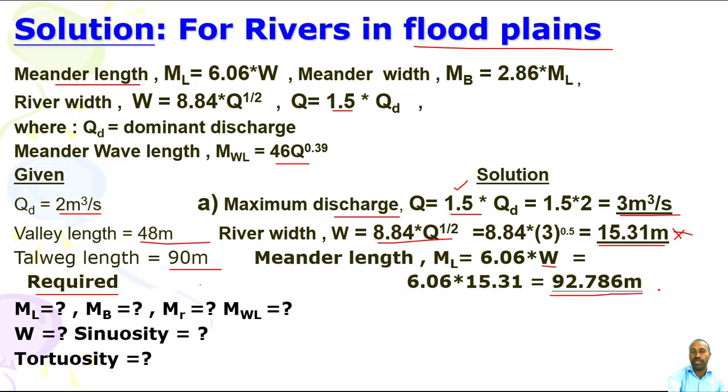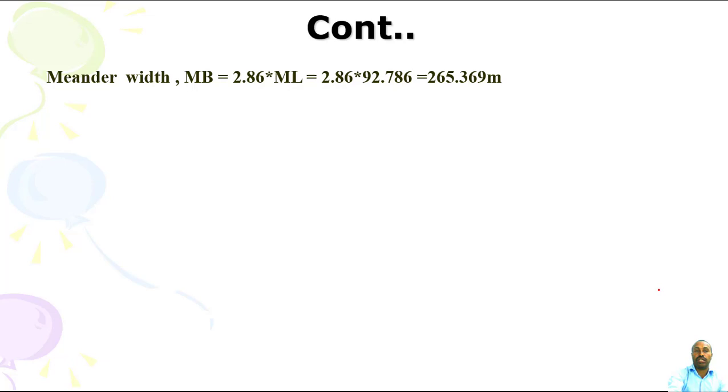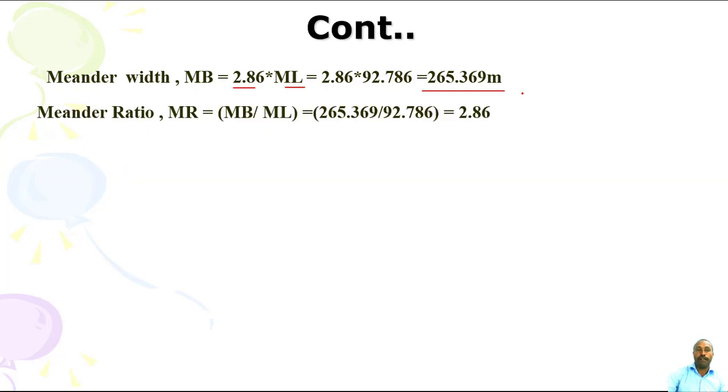This is the meander length. Now the meander width is 2.86 times the meander length. Substituting, the meander width is 265.369 meters.